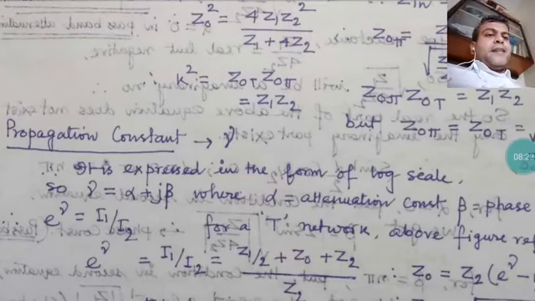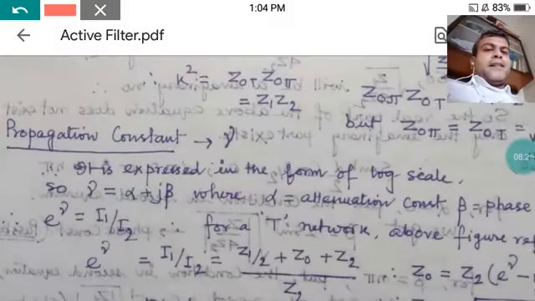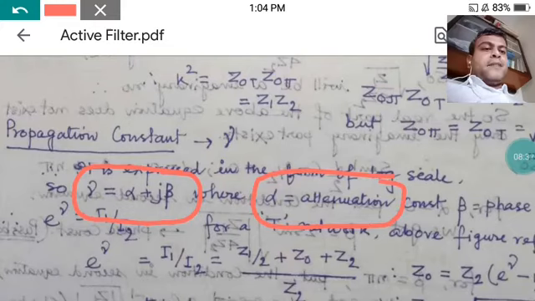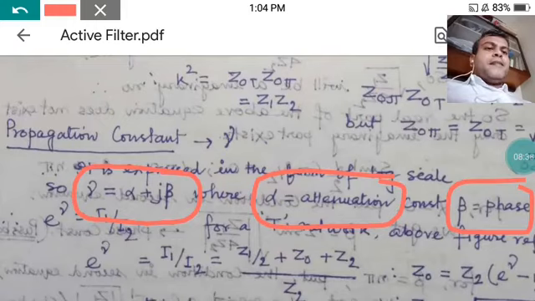So gamma can be expressed as alpha plus j beta, and alpha is the attenuation part and beta is the phase part. So when one signal is transmitted, obviously some changes are there in its bandwidth, the amplitude may change, and the phase part may change. That phase part is represented with beta and the attenuation part is represented with alpha.